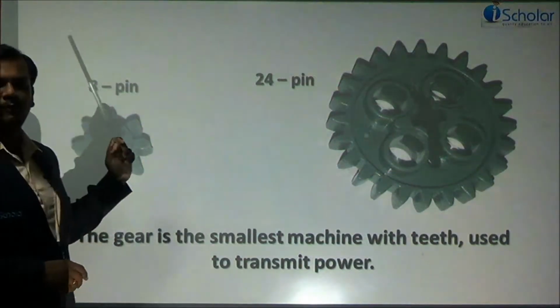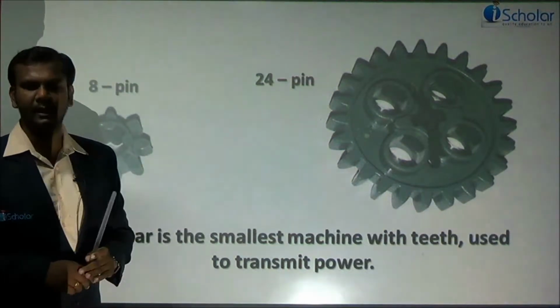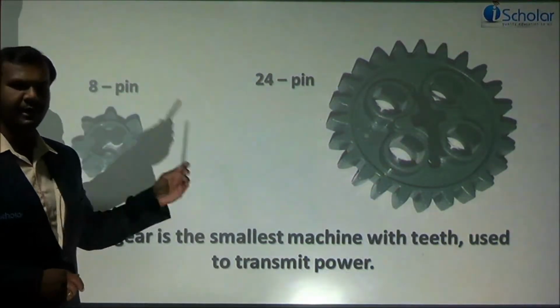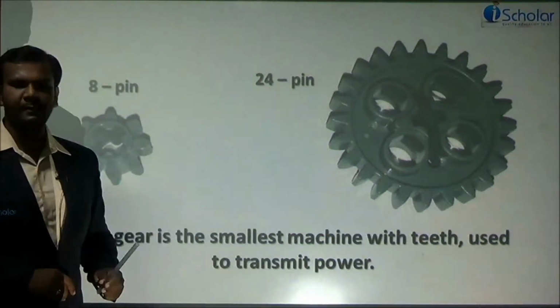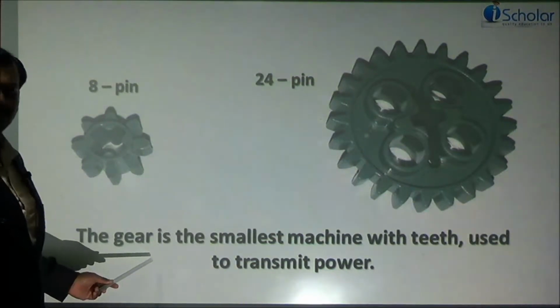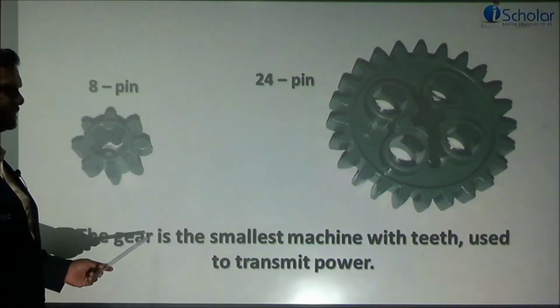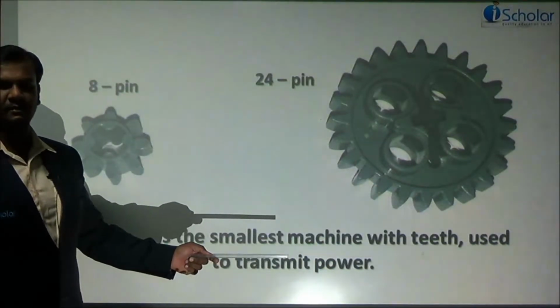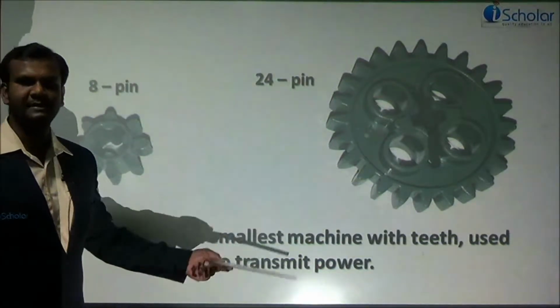So this is the most important and the first component for today's activity. What is it named, sir? I have already told you, this particular component name is gear. So what is the definition, sir? The definition is as follows. The gear is the smallest machine with teeth. Sir, you are saying teeth, but where are the teeth?